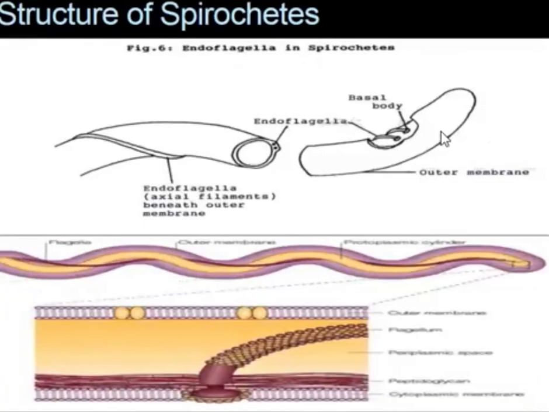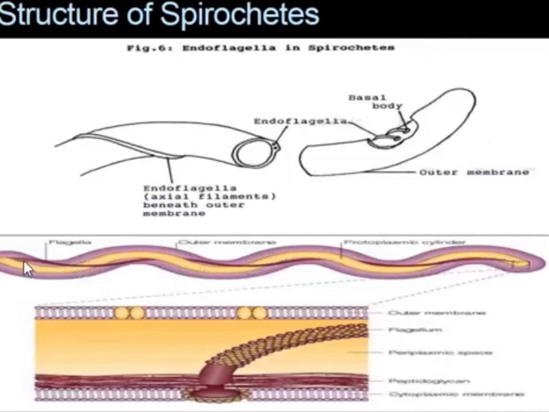Now, if we try to understand an electron microscopic view of the structure of a spirochete organism, I'll have to activate my cursor. This is now a spirochete organism, okay, with colors on its structure. The violet colored layer is the outer membrane or the outer sheath or the periplast. The yellow colored structure you see, which is intertwined or coiled in shape, is the cell wall or the body of the organism.